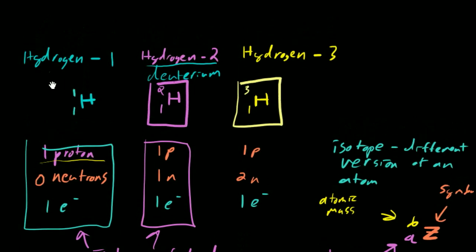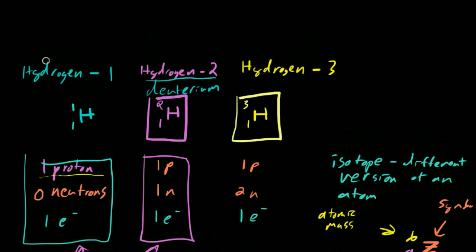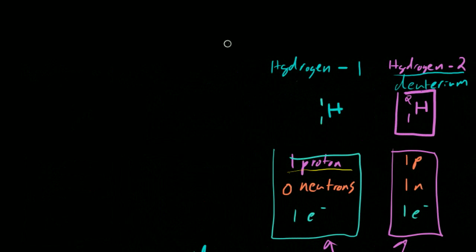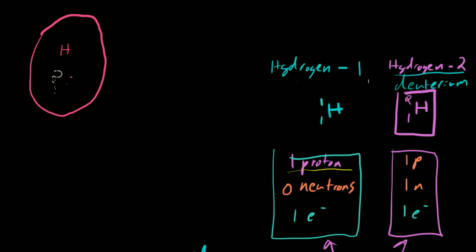And for the percent abundance that these exist in nature, the thing you should think about, especially if you're going to do labs in your chemistry class, is this: if you just had a randomly collected batch of hydrogen in a balloon, some of these hydrogens are going to be hydrogen 1, and we'll call these the red hydrogen.